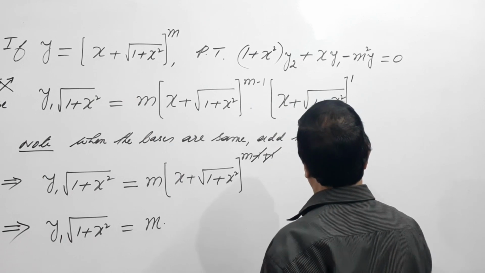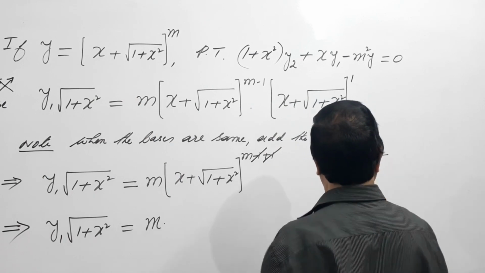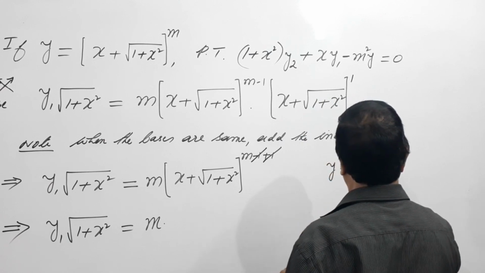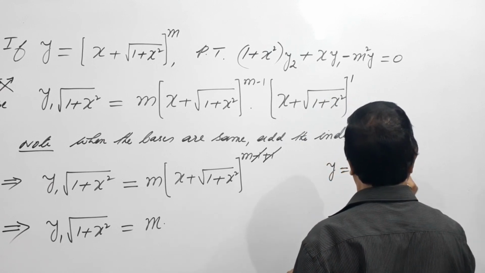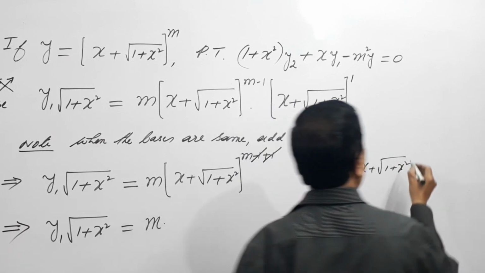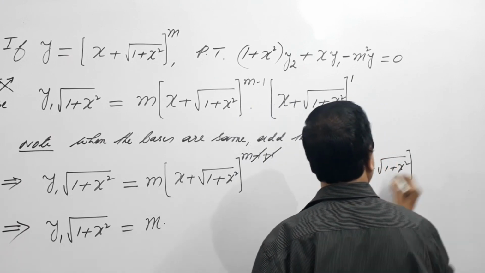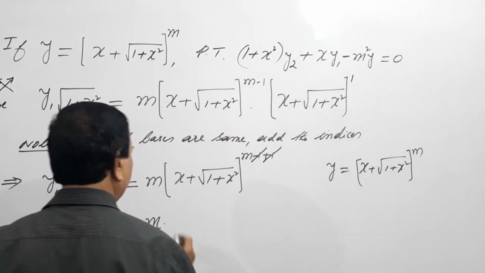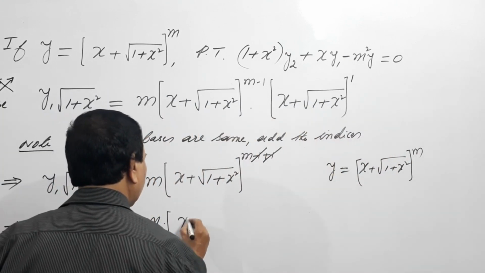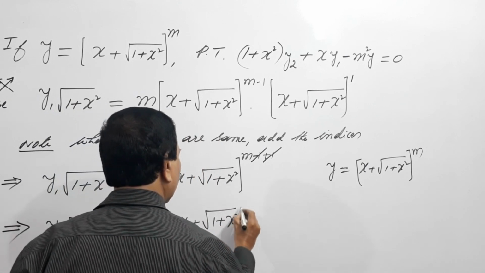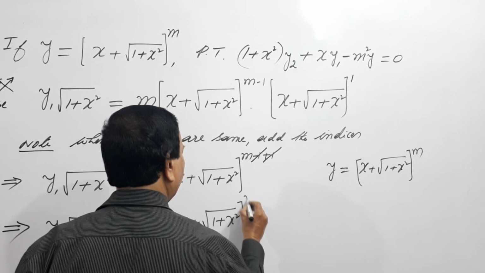Given y equals x plus under the root 1 plus x square to the power m. So the entire portion is m into x plus under the root 1 plus x square to the power of m.